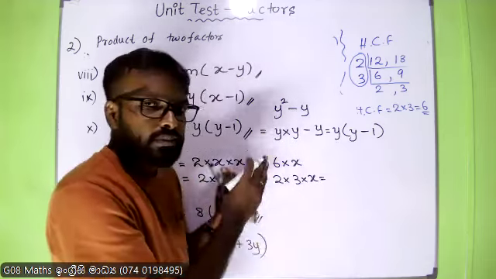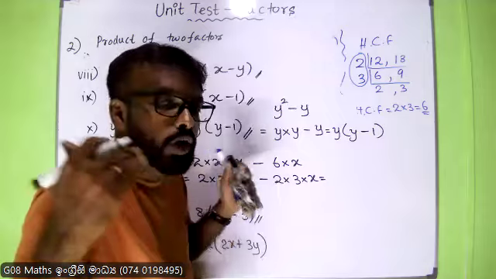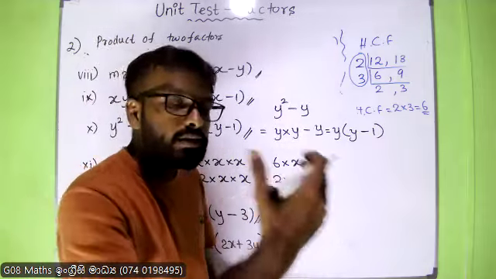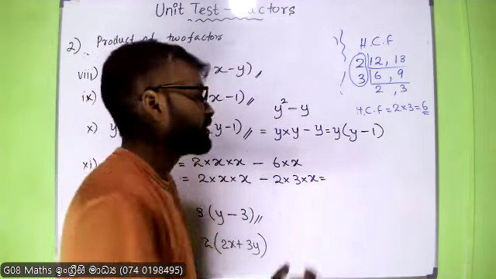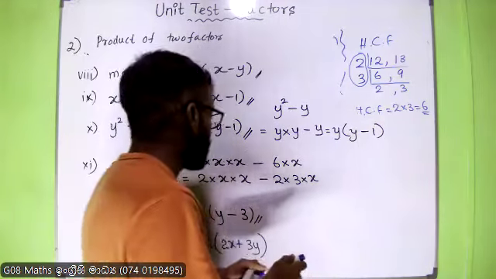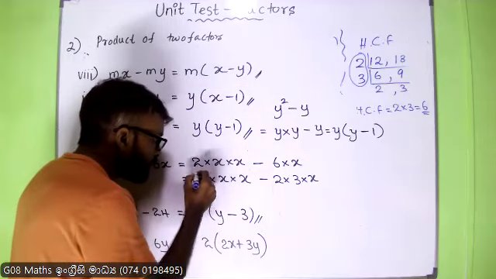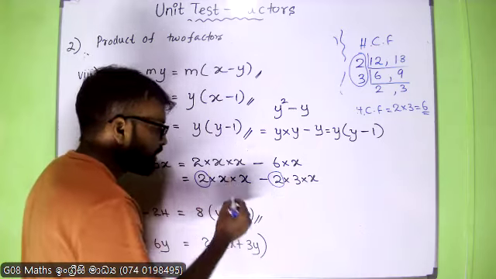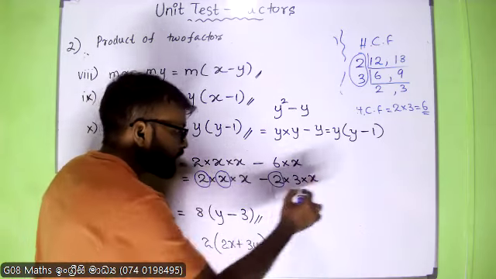I am writing like this so that you can understand. This is the way that I need to do. So now let's identify what the common terms are. Here 2, here 2, and x and x.